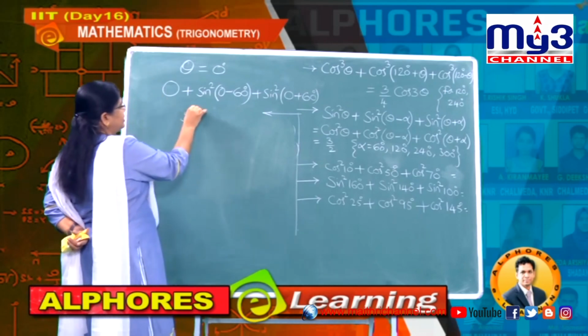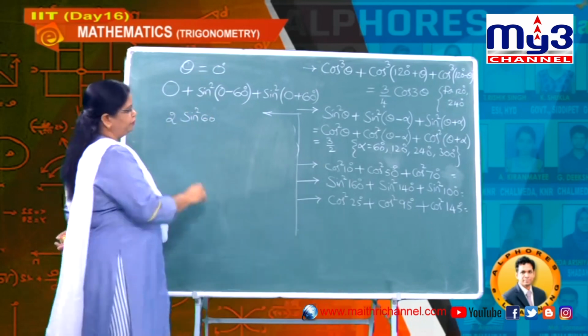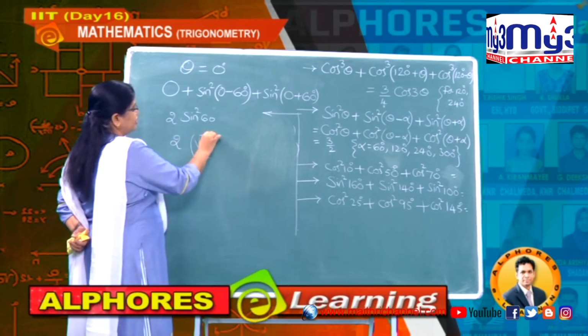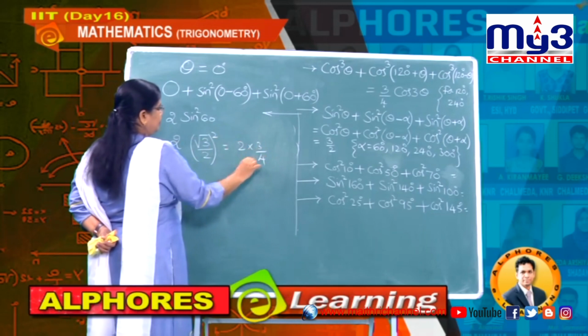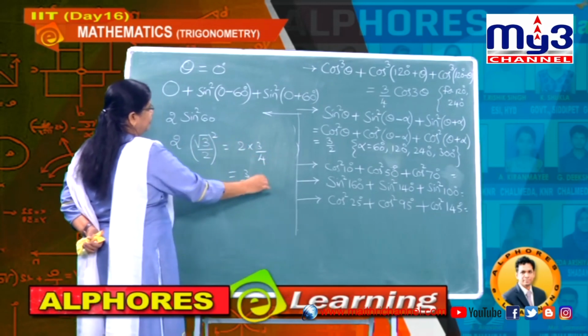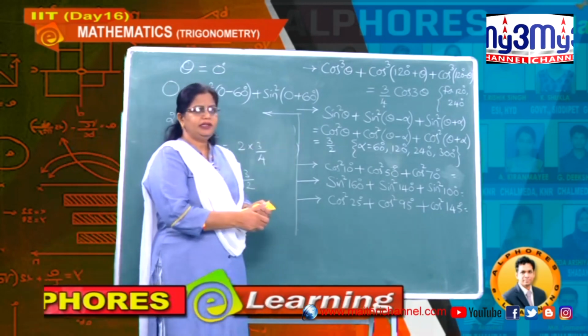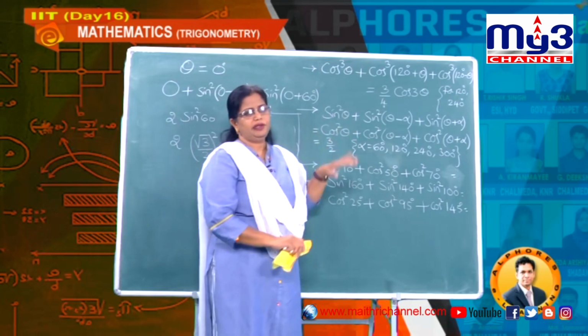So sin square 60 degrees is repeated 2 times. That implies 2 into root 3 by 2 whole square, and hence the value is 2 into 3 divided by 4, therefore 3 divided by 2. Therefore, as this result is independent of theta, I substituted theta as 0.